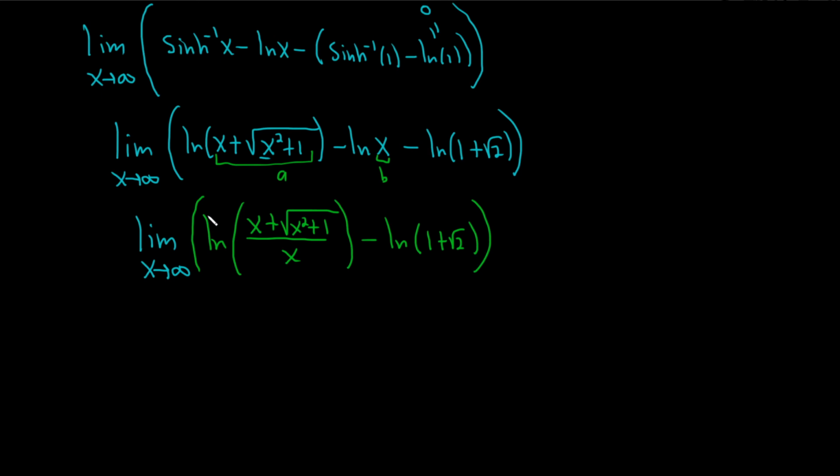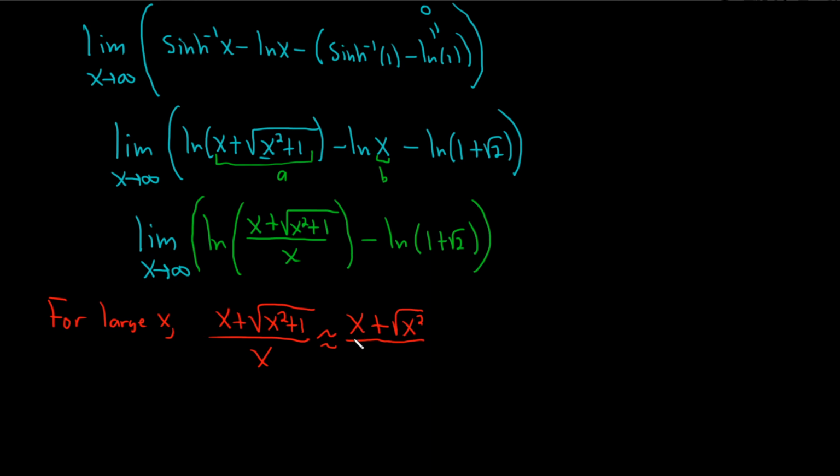And now let's focus on what is going on inside this first natural log. So for big values of x, so for large x, we have that x plus the square root of x squared plus 1 over x is approximately equal to x plus the square root of x squared. We can ignore the 1, right? Because when x is really big, you square a number and you add 1, it's pretty insignificant.